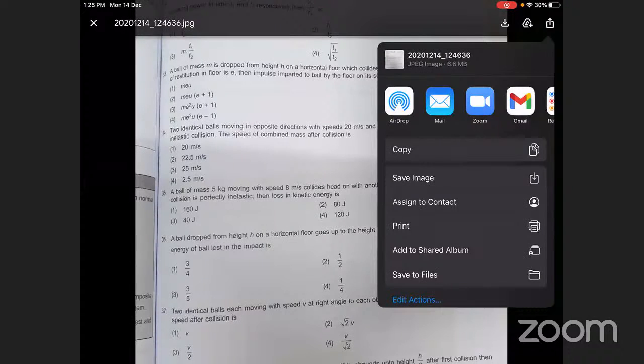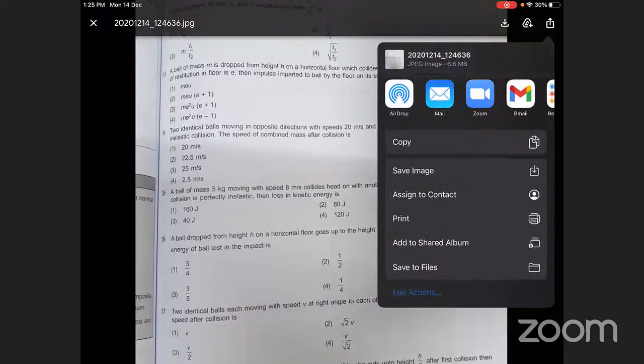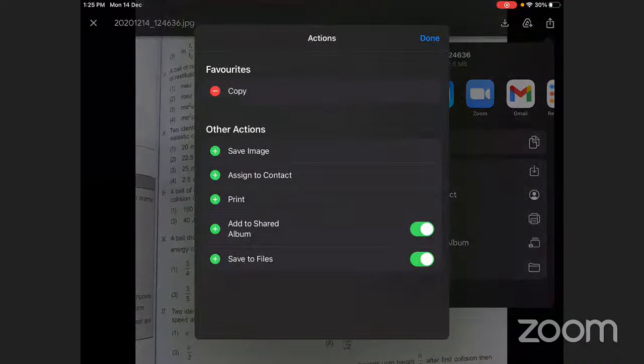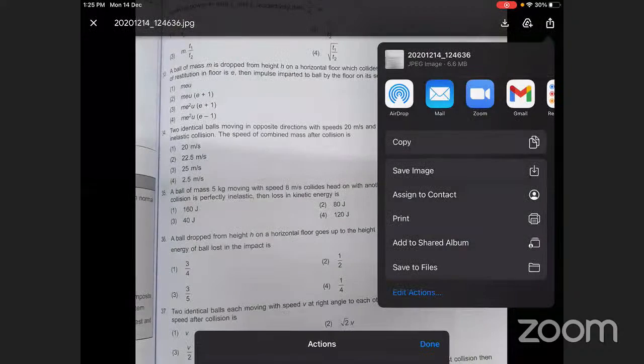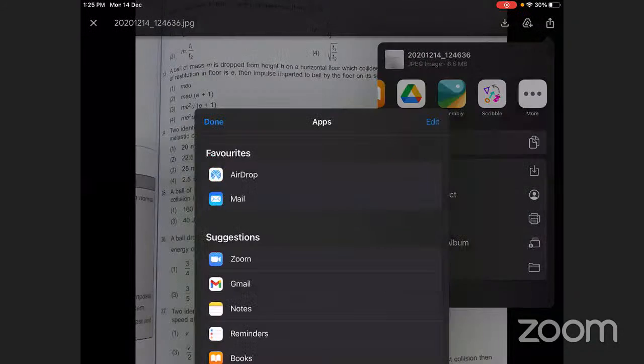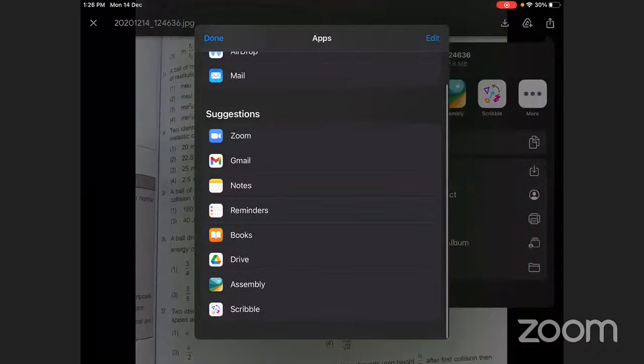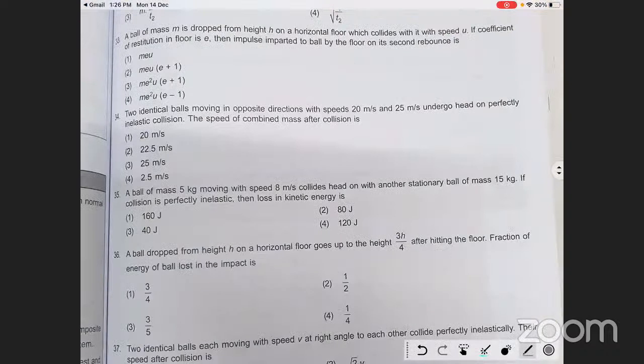Just a second. खुल गया. Okay, so according to you, perfectly inelastic, the speed of the combined mass after collision is... तुम लोग का second आ रहा है? Yes. Okay. Fourth. Some students are getting second, some students getting fourth.